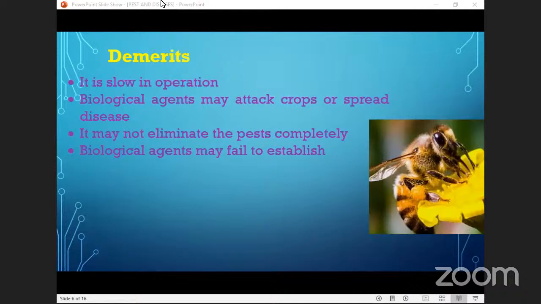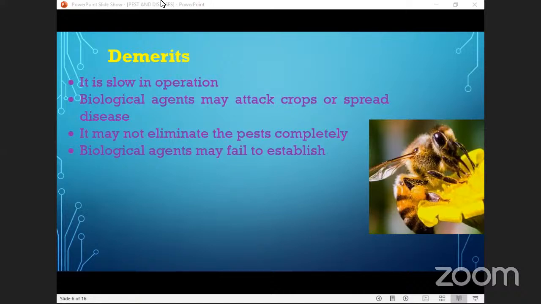The agents which you have introduced, the living organisms you have introduced into the garden, may in turn be the enemies of the crops. Okay, so that's a disadvantage. It may not eliminate the pests completely.